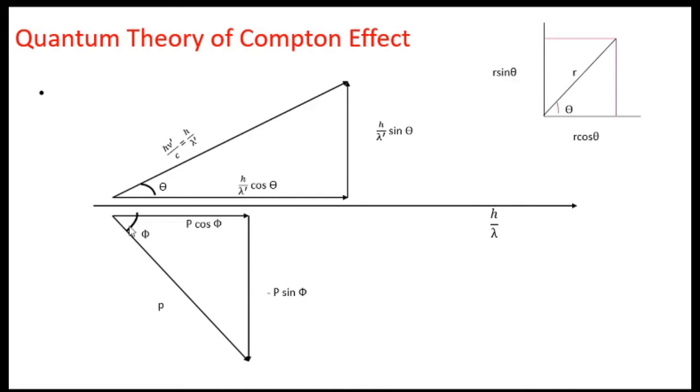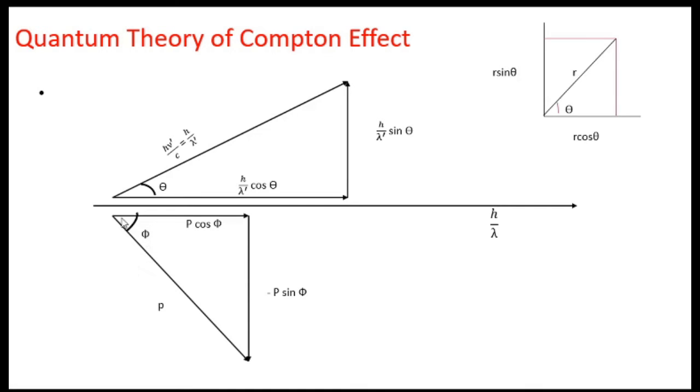Now, in this case, the electron recoils along this direction. It has momentum p. And remember that this angle phi is in a negative direction. It is a negative angle.